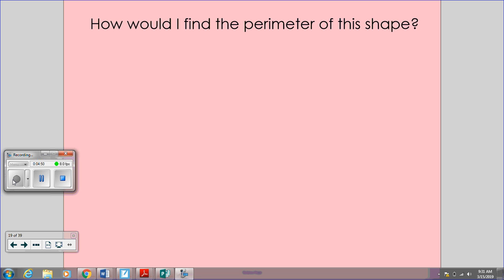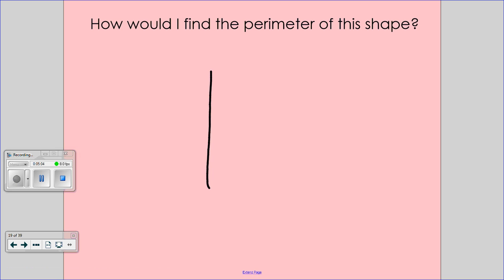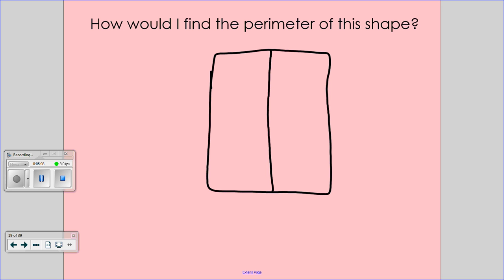No. Using tiles, those square pieces in front of you, build a 2 by 3 rectangle on your notebook. So your shape should look like my shape.